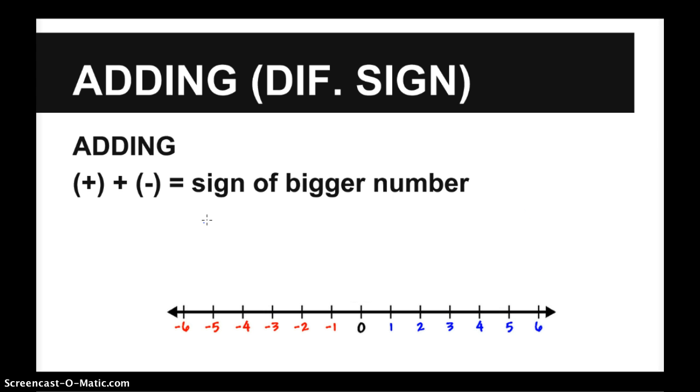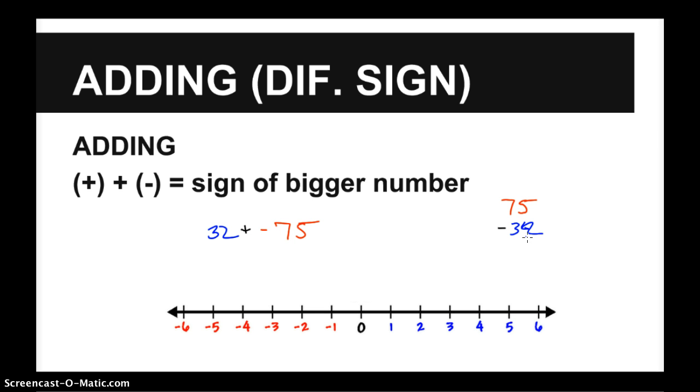If we did positive 32 plus negative 75, my biggest number is a negative number, so I'm actually going to ignore my signs right now. I'm just going to take my bigger number and I'm going to subtract my smaller number, 32.